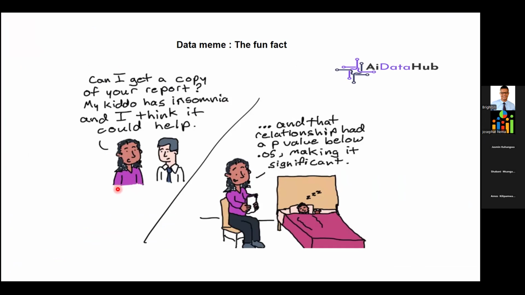Like the kid has a problem that he can't sleep. So she thinks that report that you presented there with all your data, graphs and everything was really boring. I was able to sleep. I think if I read that report to my kid, he'll also be able to sleep. You know, she went back home and she was saying that any relationship had a p-value below 0.005.